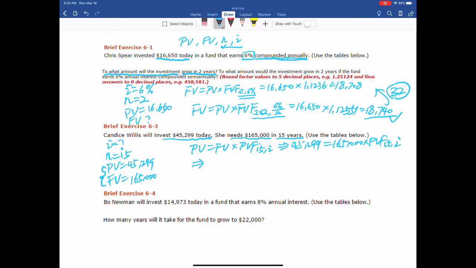Next, divide both sides of this equation by 165,000.